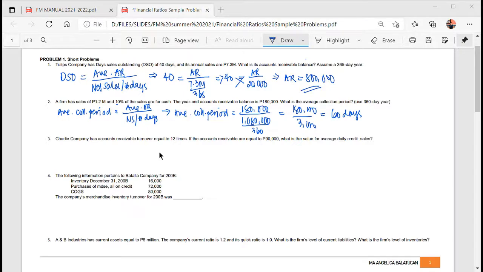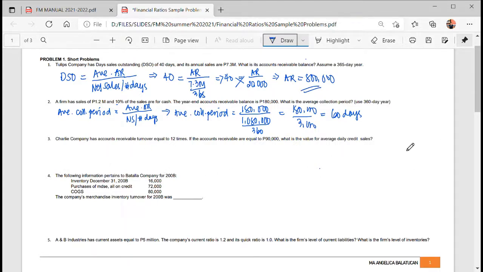What is given here in the problem? RTO is given, the AR is given, but you are not given the credit sales, diba? So how much would be our credit sales? That's the first thing that we need to compute.